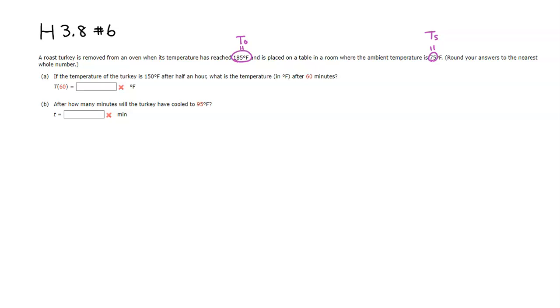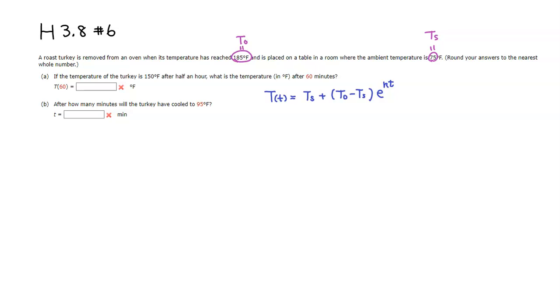By Newton's law of cooling, the temperature function is the temperature of the surroundings plus the initial temperature minus the temperature of the surroundings, times e to the kt. k is going to be negative because it's cooling.